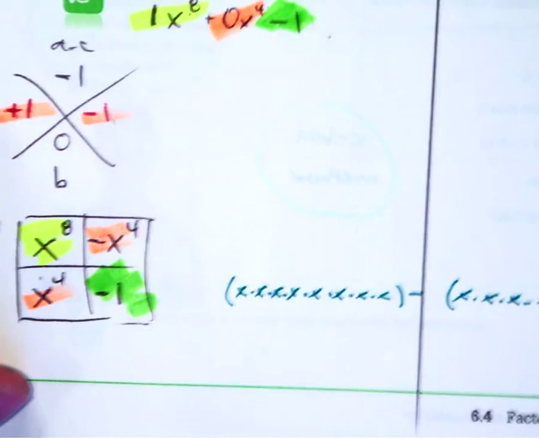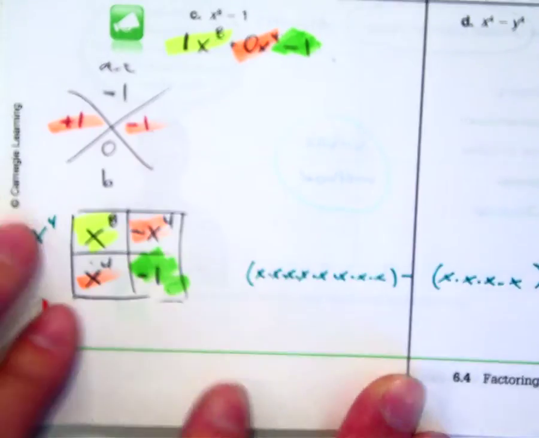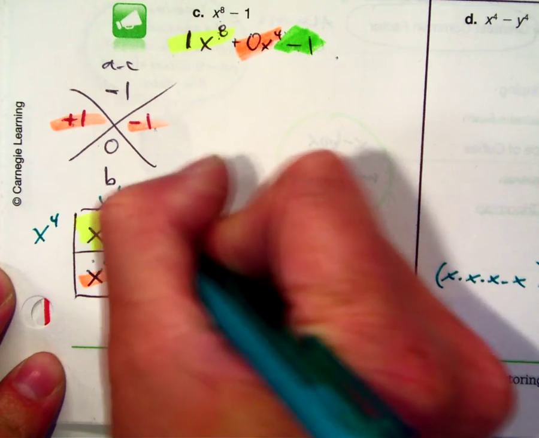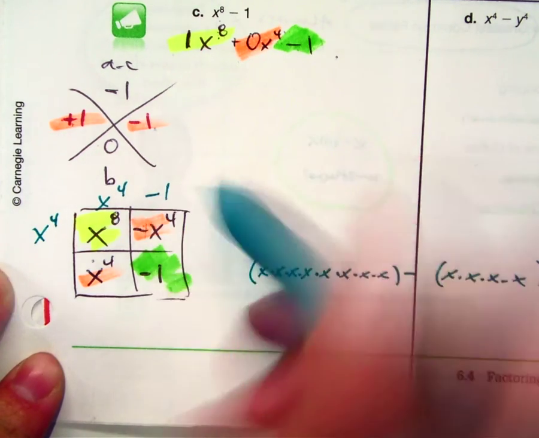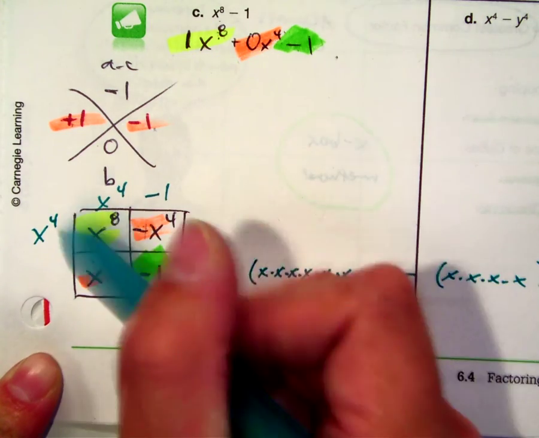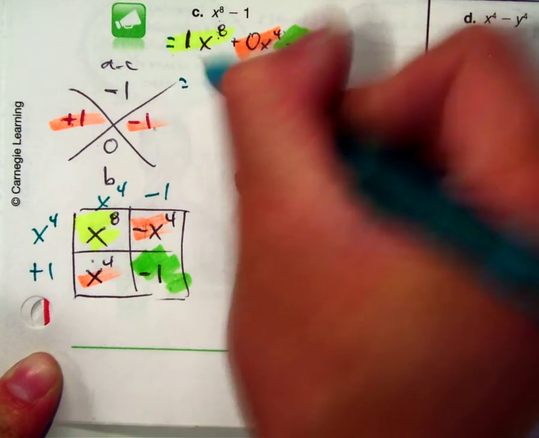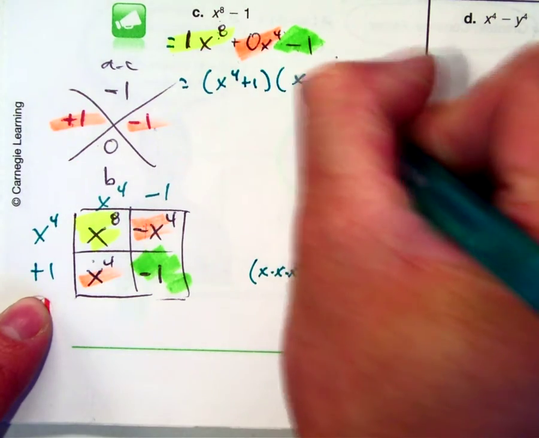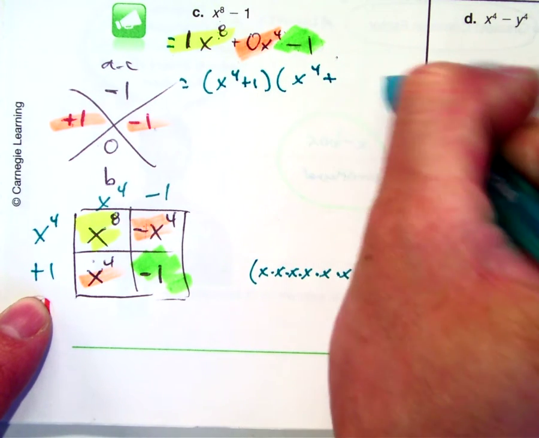Does that make sense? Class, what's the greatest common factor in this direction? How about this direction? And this direction? Positive or -1? Okay, so right now I'm just going to write x to the 4th plus 1, x to the 4th minus 1.